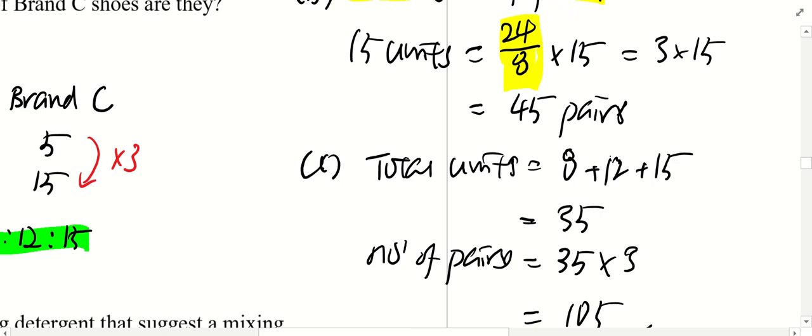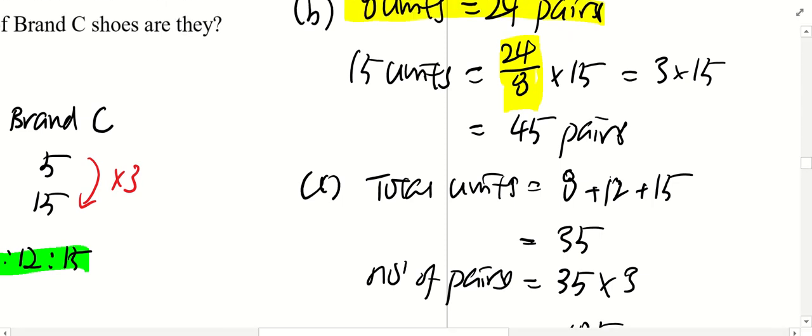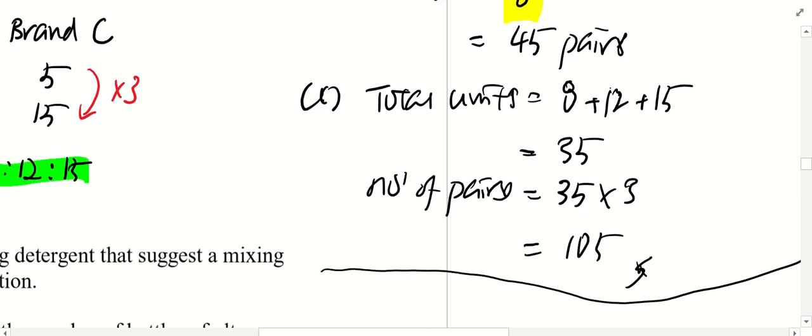Okay, 35 units. Well, since each unit is represented by 3 pairs, as we have seen in part B, the total number of pairs is simply 35 units times 3 pairs. And we have 105. And we're done.